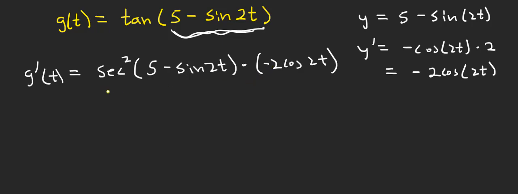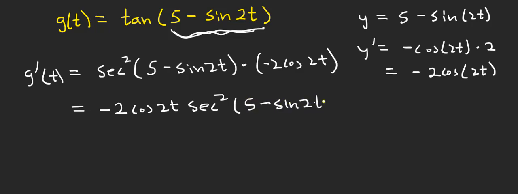So negative 2 can go in front. So we get negative 2 cosine of 2t secant squared of the quantity 5 minus sine 2t. That will be the derivative of this problem.